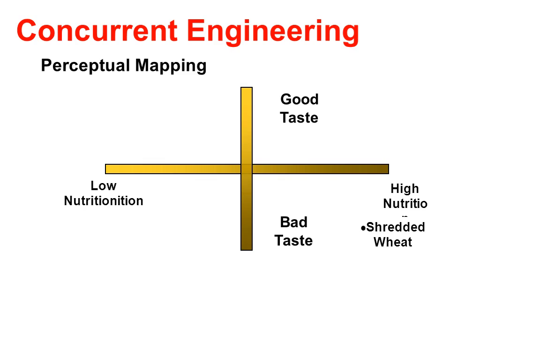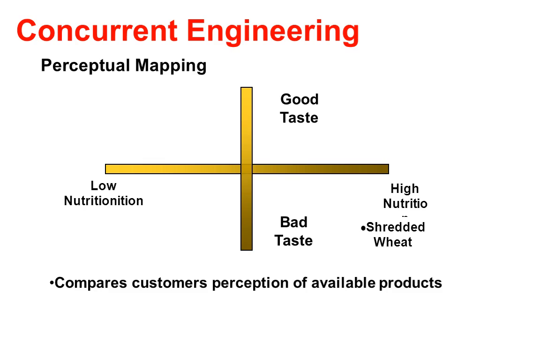Perceptual mapping compares customers' perception of available products. In the 4 quadrants, the available products are placed and decisions are made on our own product and in which quadrant it is going to lie.